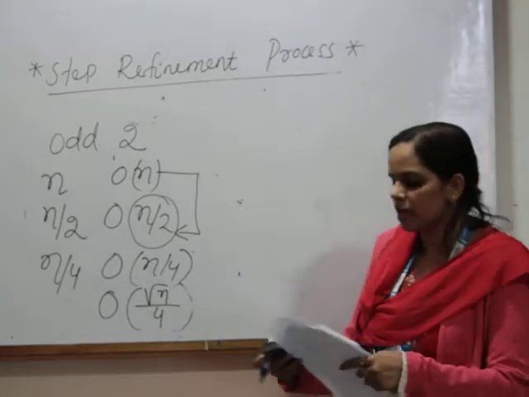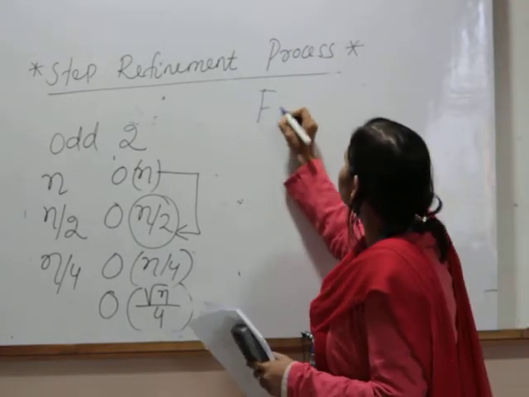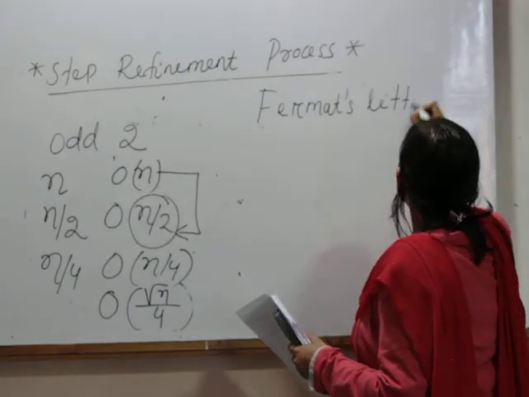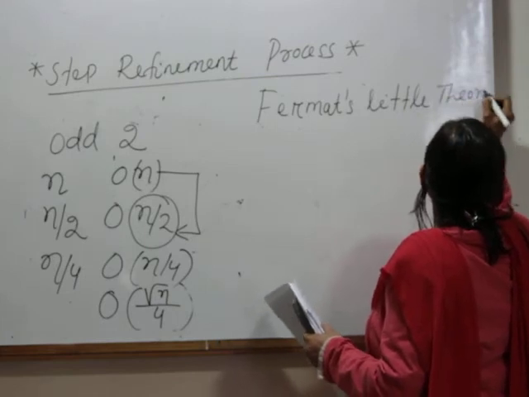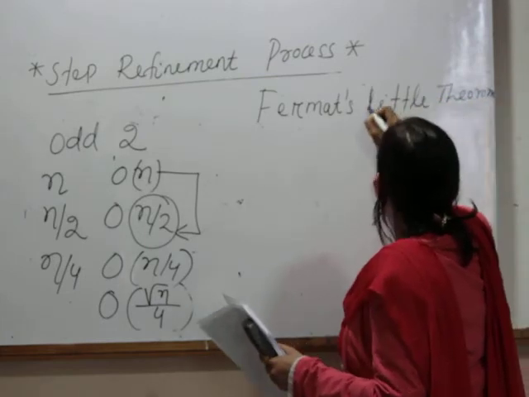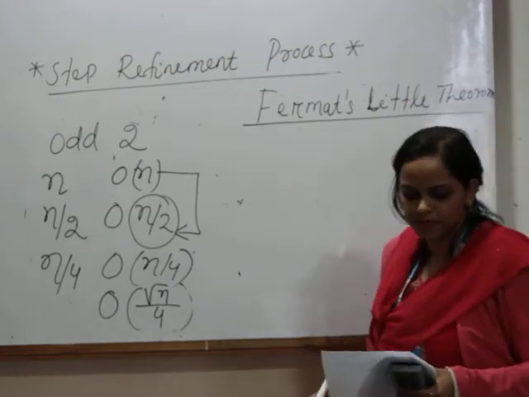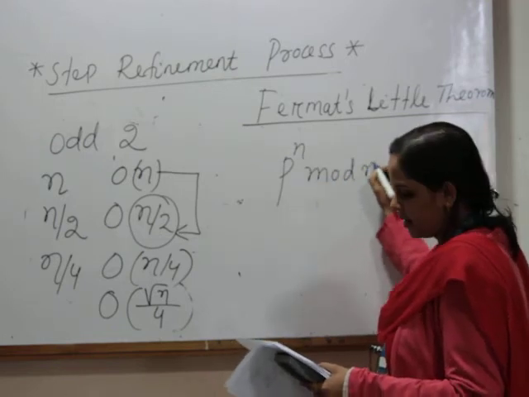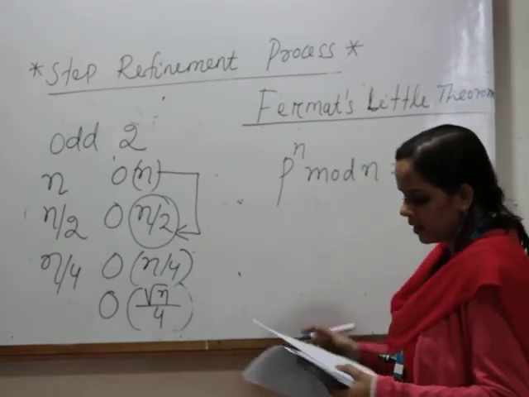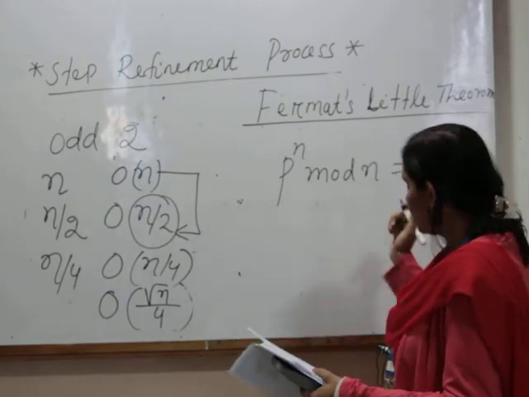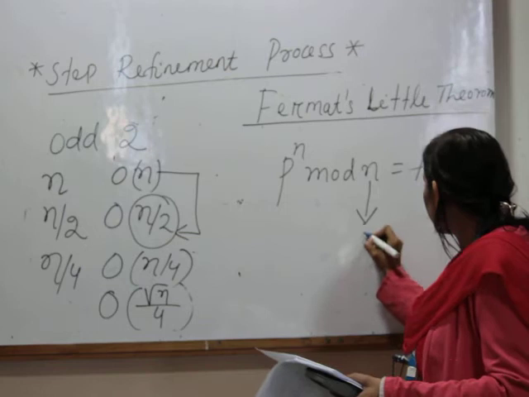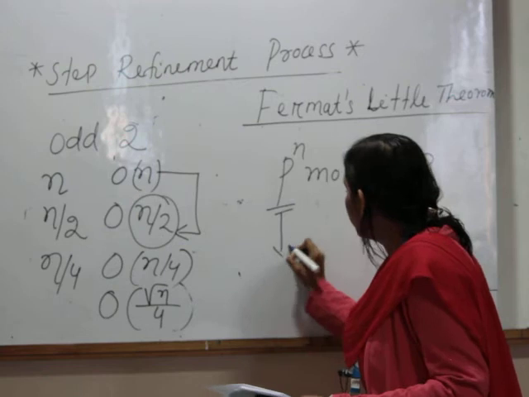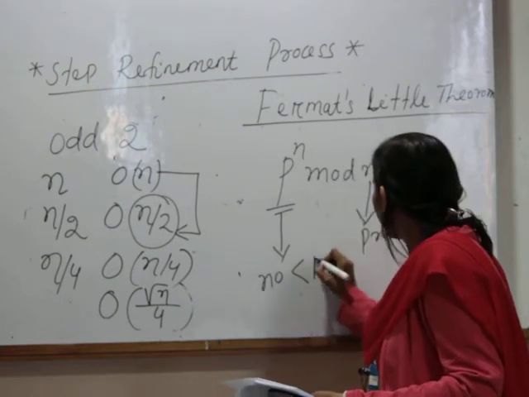For the correctness we have to use Fermat's little theorem. What does this theorem say? This theorem says that p to the power n mod n is equal to p, where n is the input you check for being a prime number, and p is any number which is less than n.